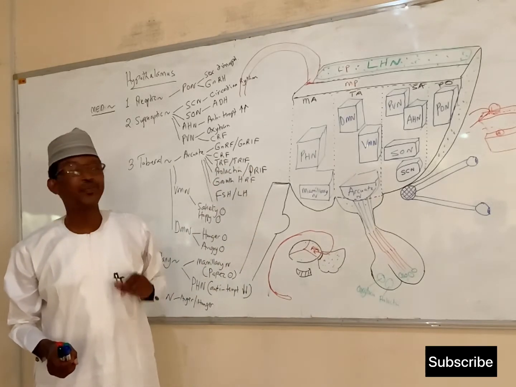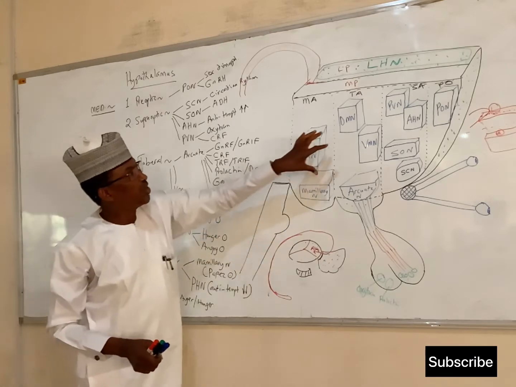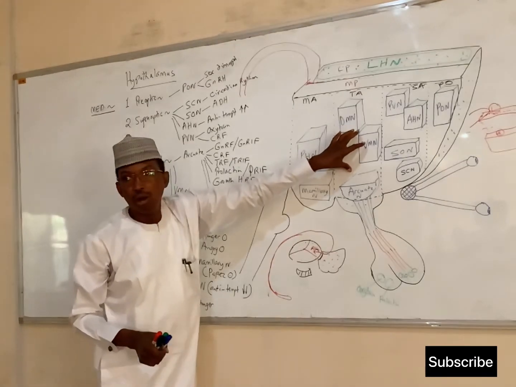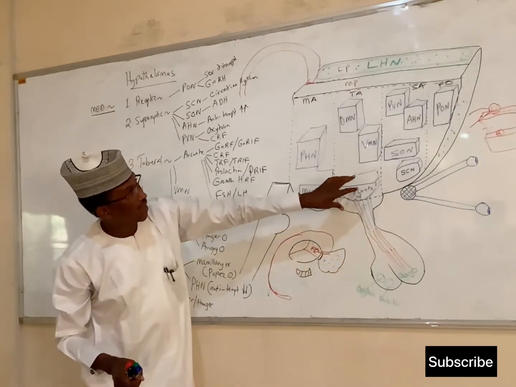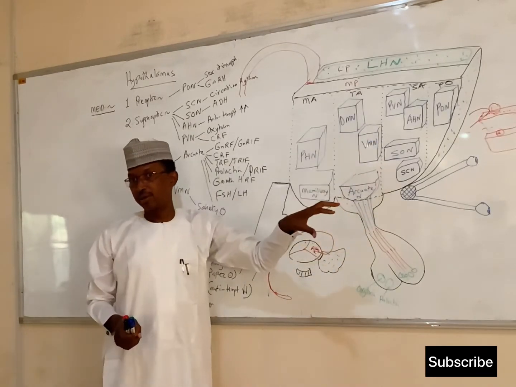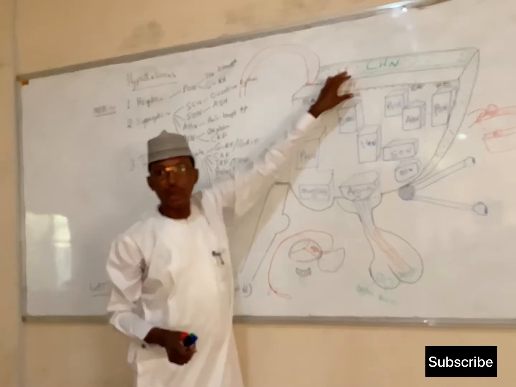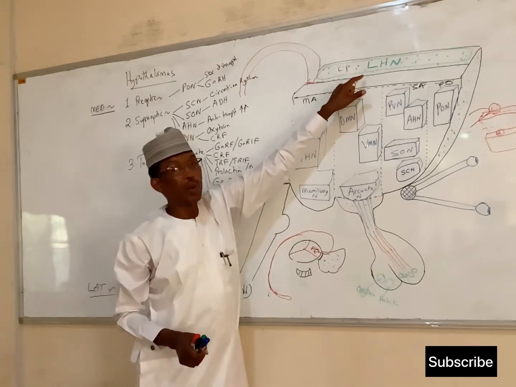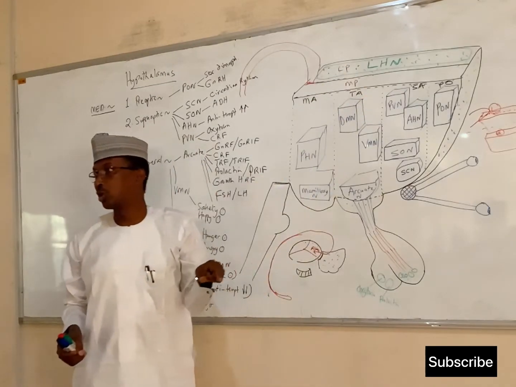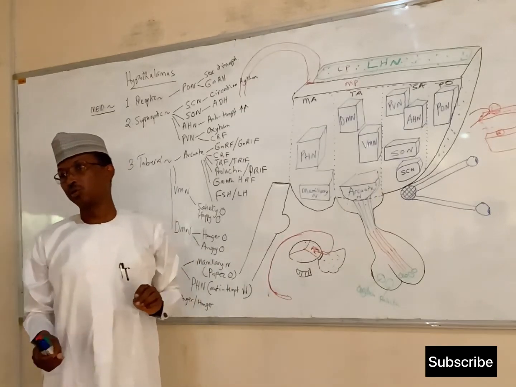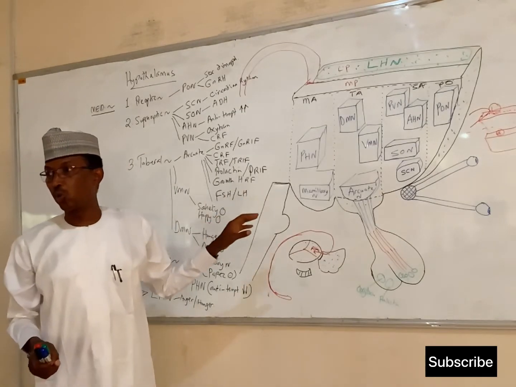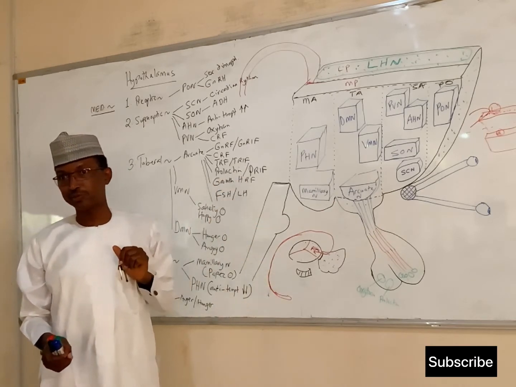Are you clear? So now, in the medial part of the hypothalamus, we have about 10 nuclei, while in the lateral part of each sheet, we have only one nucleus. So in total, we have 11 groups of nuclei, and these are the nuclei that we are going to discuss.